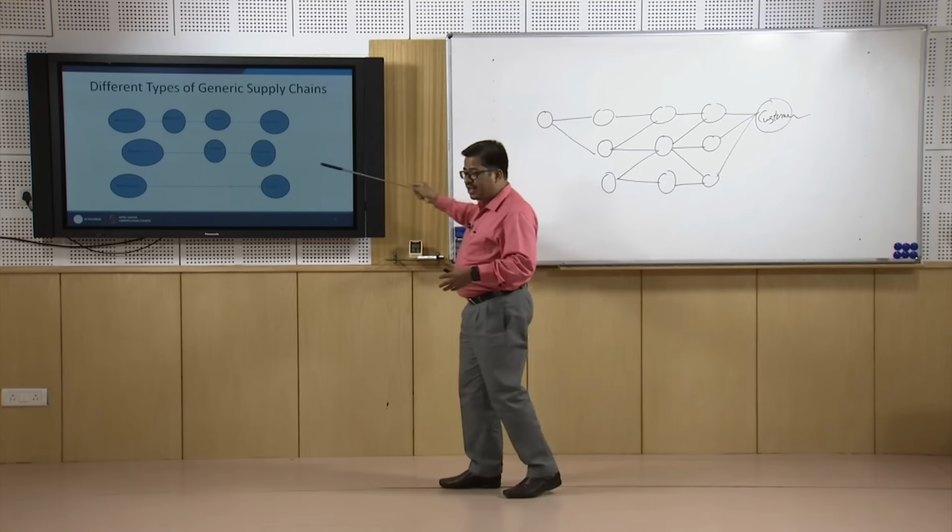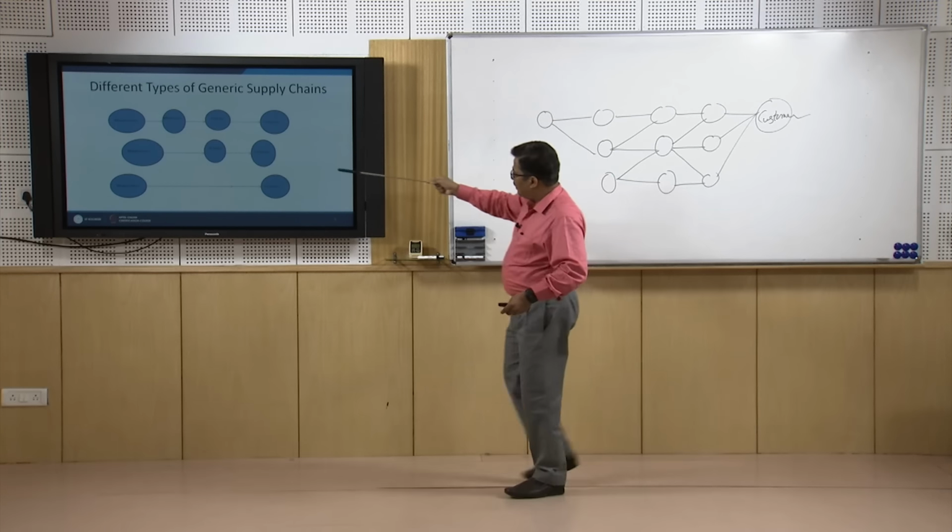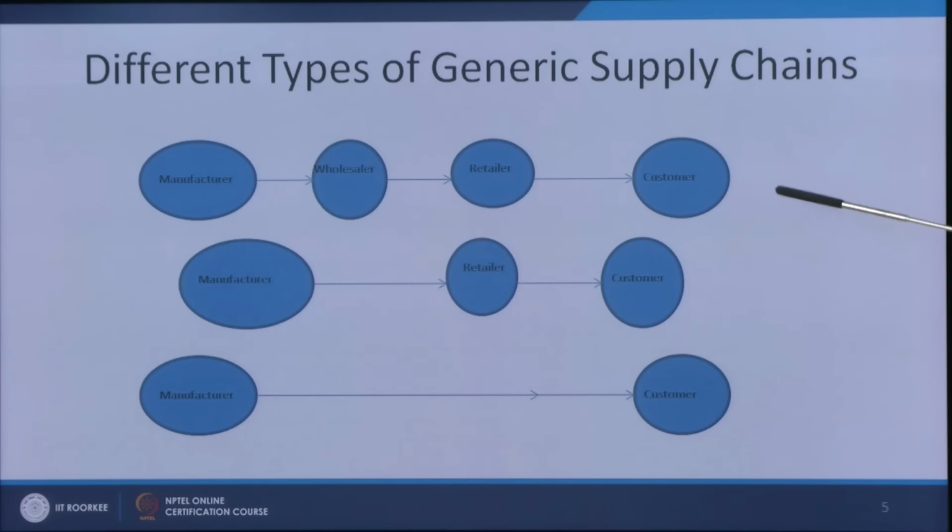But as I told you, these are very linear kind of arrangements. These three which I have shown here are very linear kind of arrangements, but actually it is not so.